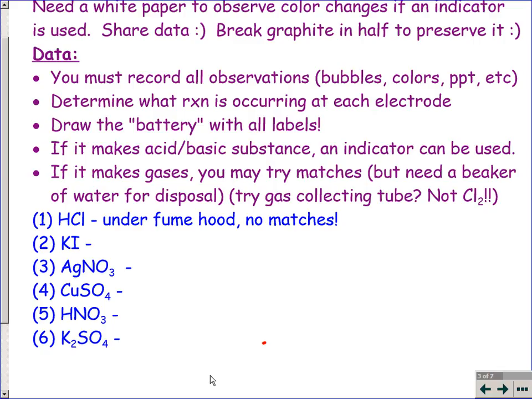So white paper is going to be right, actually I'll bring it to you. Hold your fingers up on your hands so you know where you are. There's 6 lab stations, so if you know what station you're at, then you'll be back.